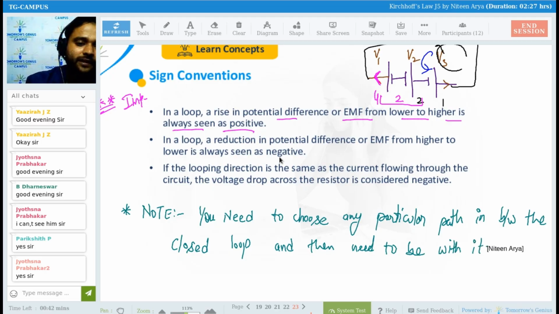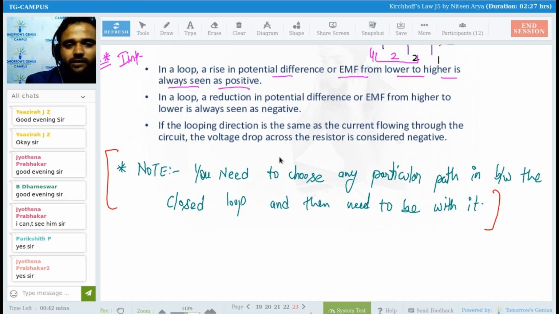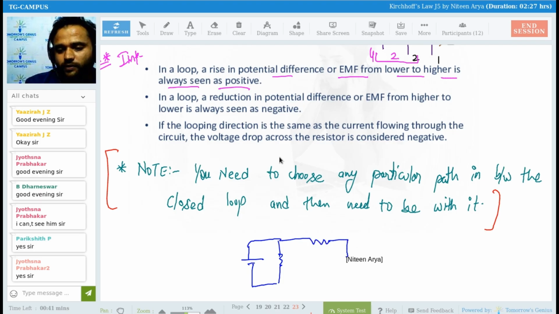Why should I write it down? Suppose we are going to see, but I'll make it first. Suppose this is one resistance. Here you connect this voltage. This is another resistance. Then we have this resistance.